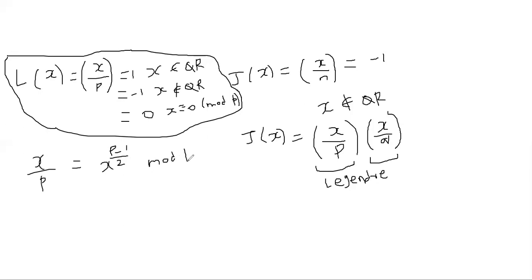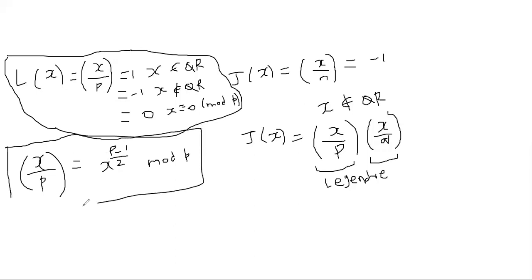In order to compute the Legendre symbol, it's enough to just compute x to the power (p-1)/2. If this value is 1, then we know for sure x is a quadratic residue. Otherwise, x is not a quadratic residue. We can use this fact to compute the Jacobi symbol, because if you know the factors, you can directly apply it.